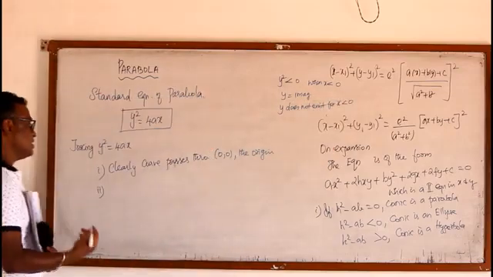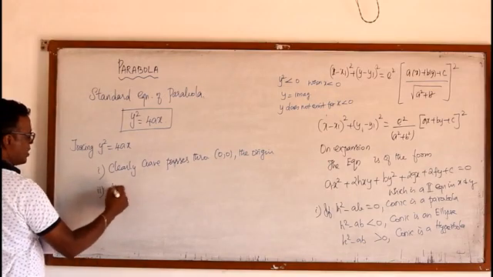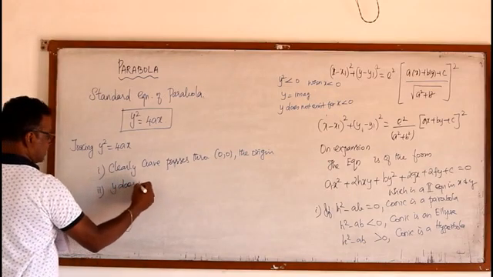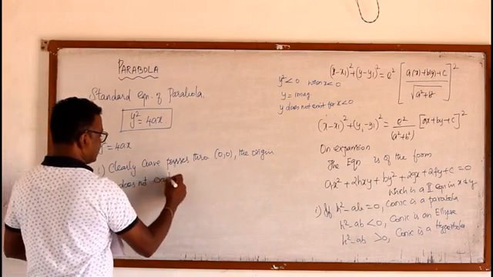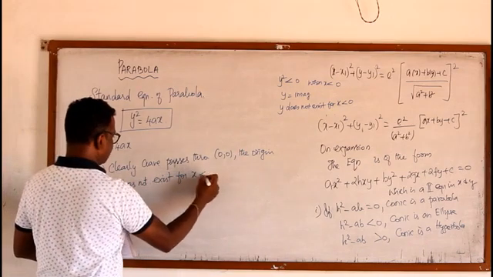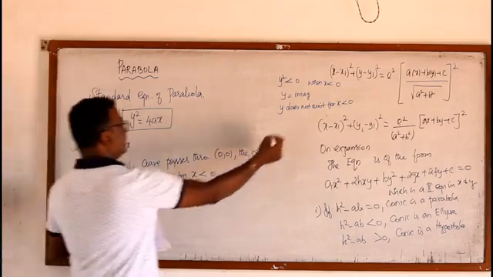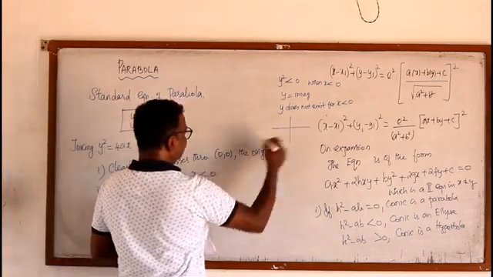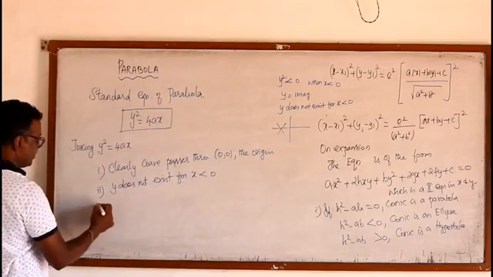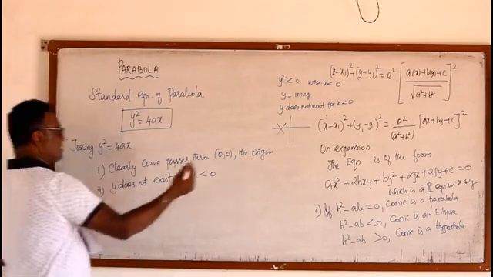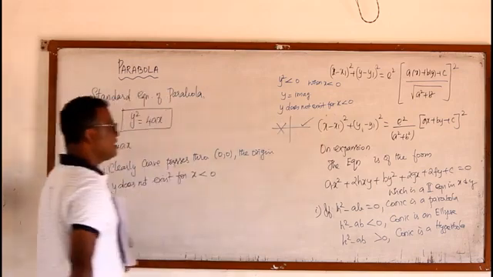That is the second observation. In the graph, on this side we do not have the parabola. So the curve exists only for positive x.